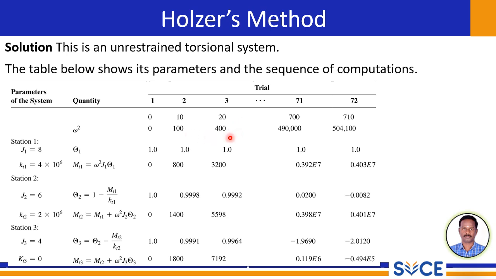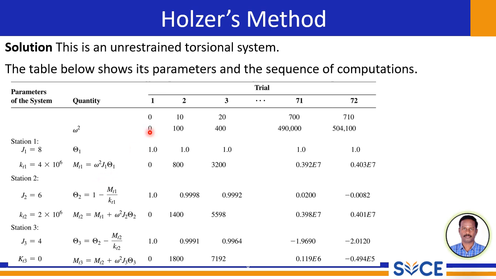For each of these assumed frequencies, we then go through the sequence of calculations for each station. We start with an assumed angular displacement for the compressor, that is theta 1 equal to 1. Then we calculate the inertia torque, that is omega square J1 theta 1.